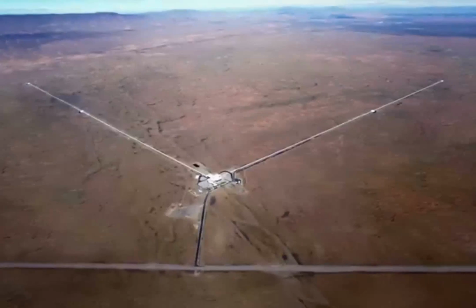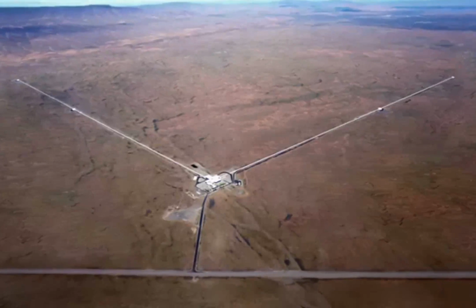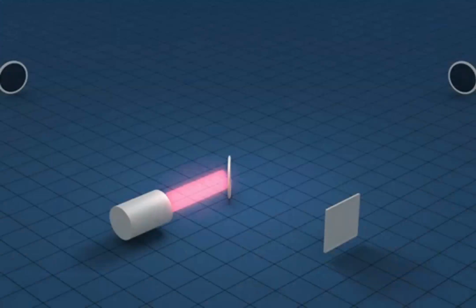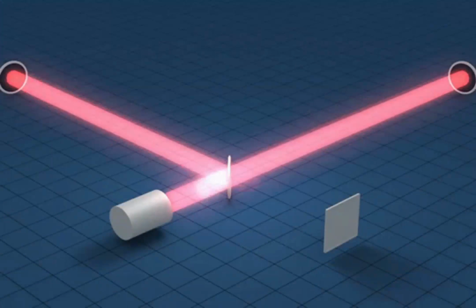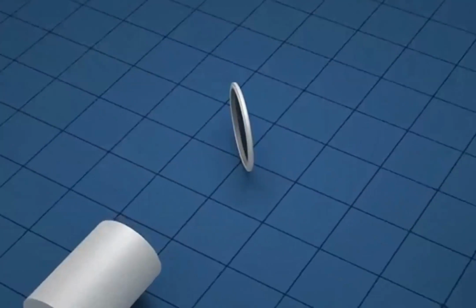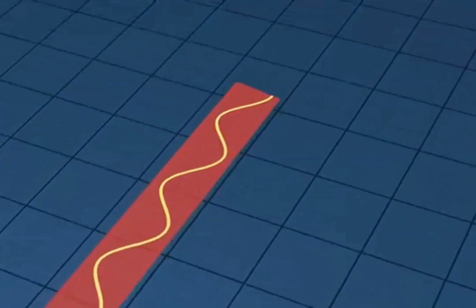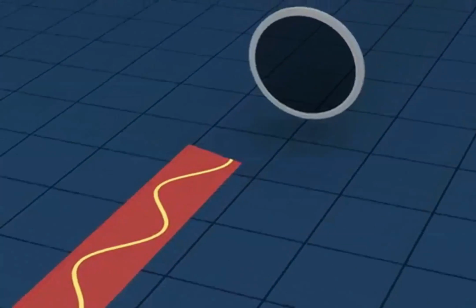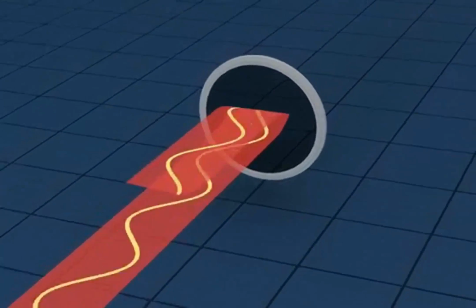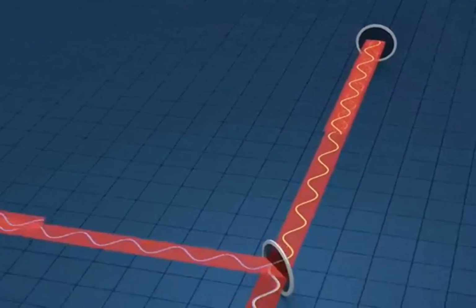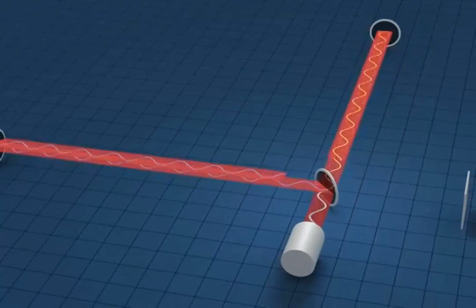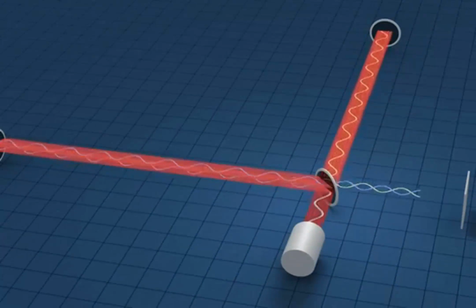To detect them and directly measure their properties, scientists built LIGO, the most sensitive measuring device ever made. LIGO uses a device known as an interferometer to measure the tiny displacements in space. In this simplified representation, a laser beam is sent towards a partially reflecting mirror and split along two paths. The beams travel along the 4-kilometer arms and reflect back towards the central mirror, which recombines them, directing their light to a detector.